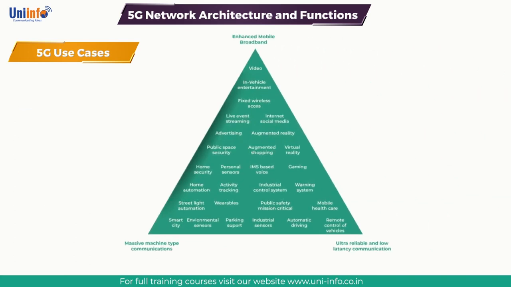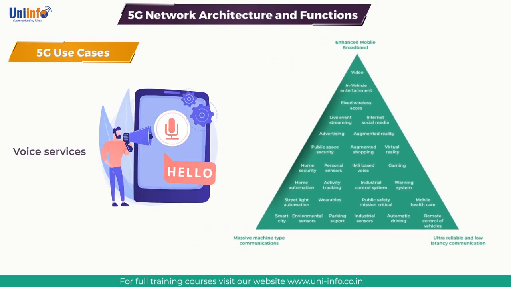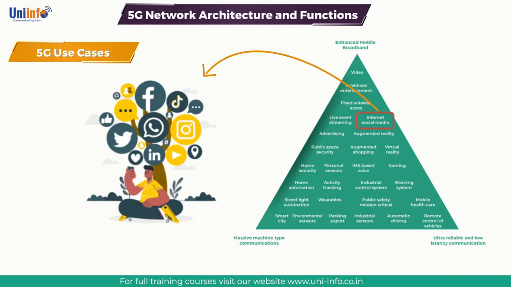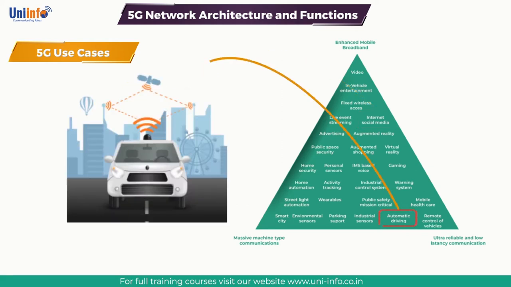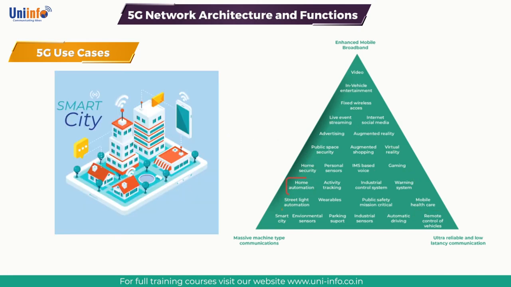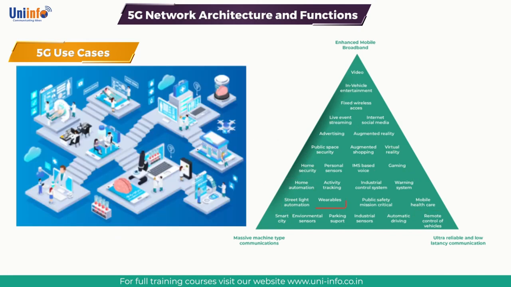Existing applications are included, for example, voice service, video streaming, internet browsing, social media, and instant messenger applications. Many emerging applications are also included, for example, automatic vehicles, remote control, home automation, smart city applications, wearables, monitors, and sensors.